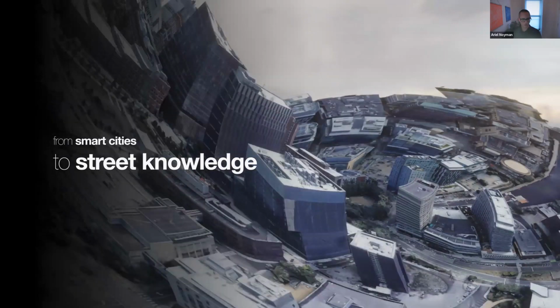Okay, awesome. And so I just want to close because I started by asking, how can we move from smart city to street knowledge? How can we move away from what was the big promise of urban technology about a decade ago to something that really understands and takes into consideration what the city actually needs?